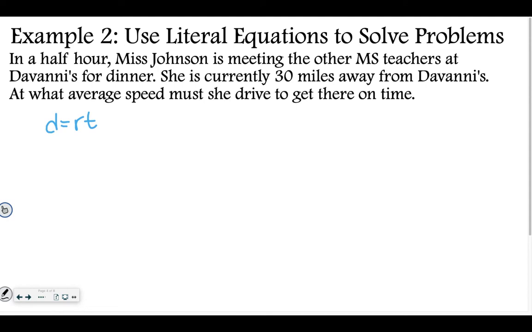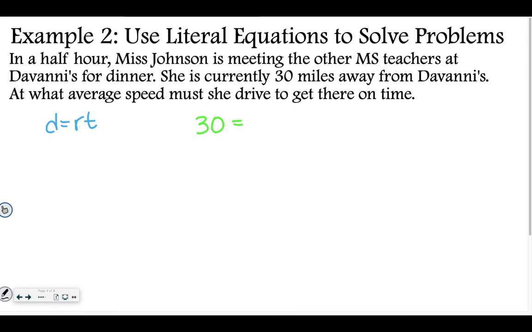So D equals RT. Right now, D represents distance. I know that in the problem, I am 30 miles away from Devani's. So I'm going to say 30 equals. And then R represents the rate, which I'm trying to solve for, right? At what average speed? That's the same as the rate. So I'm going to leave that out for a second.